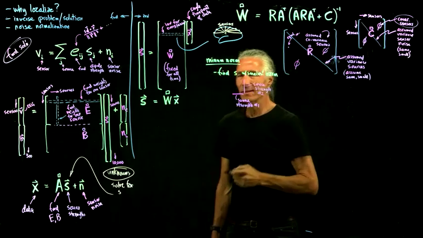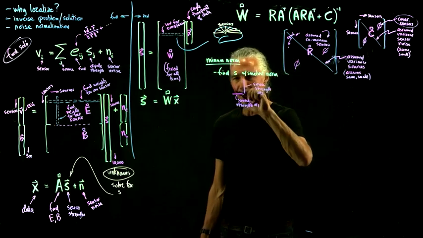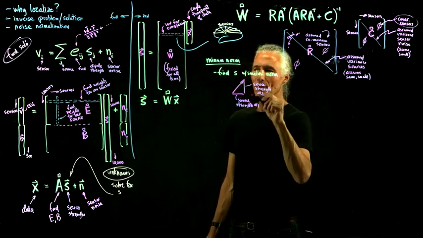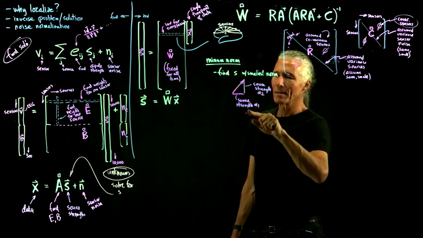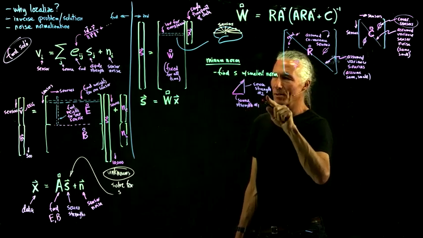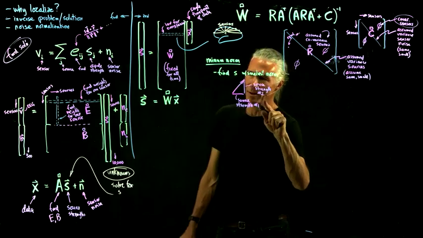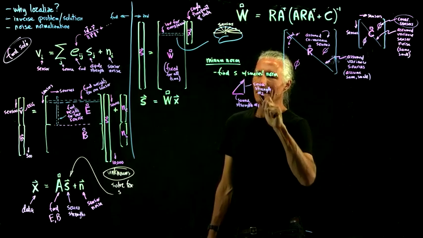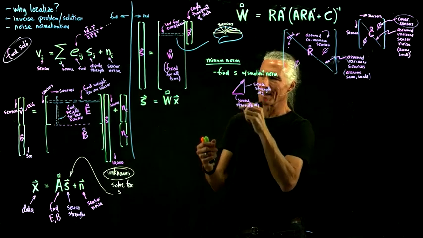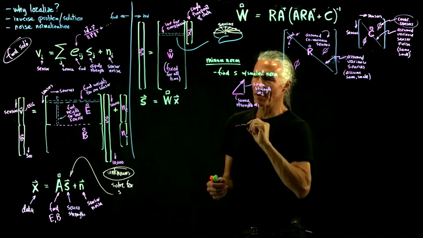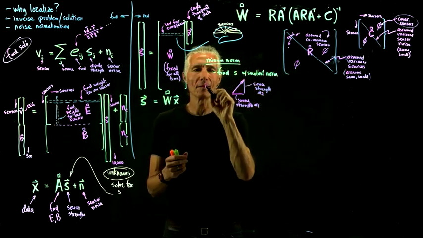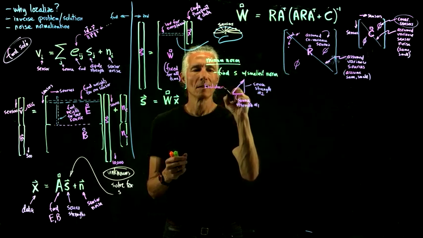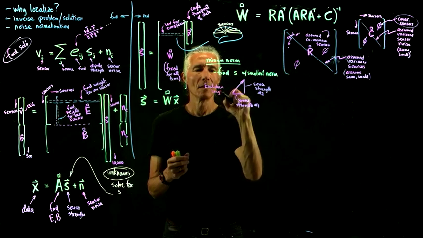The norm of this is just the Euclidean distance. Source strength 1, source strength 2 is a number, source strength 10,040 is a number. We just find the length of that vector, the Euclidean length. That's the norm.